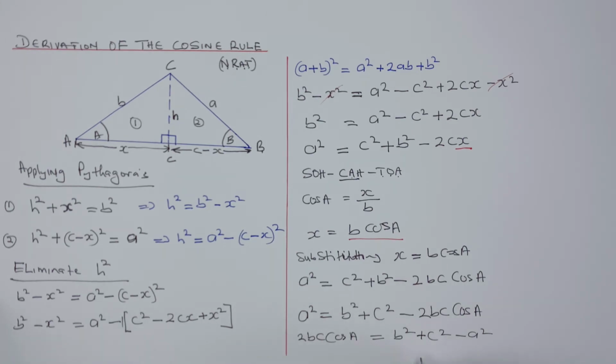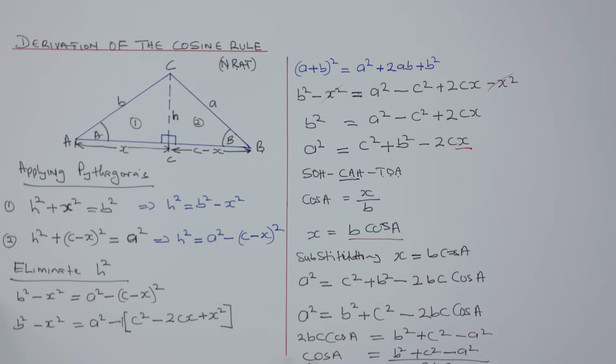And I need to divide both sides by 2bc. So I get cos of a equal to b squared plus c squared minus a squared over 2bc. Now you can see the pattern in writing this as well: b squared plus c squared minus a squared.